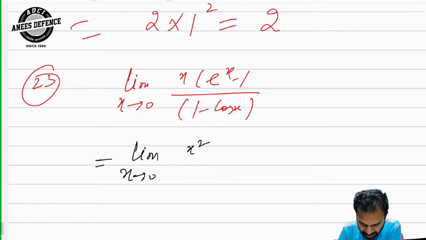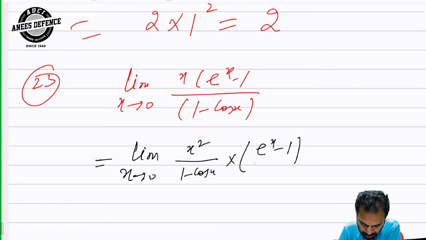Well, multiply and divide by x square. Multiply and divide by x, sorry. Multiply and divide the numerator and denominator. Earlier I had x in the numerator, so now it will be x square. In the denominator, it will be x extra, okay?